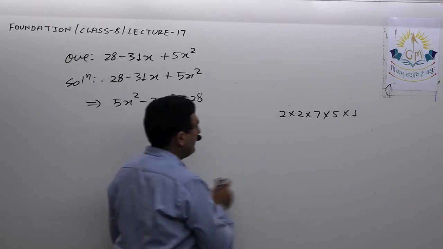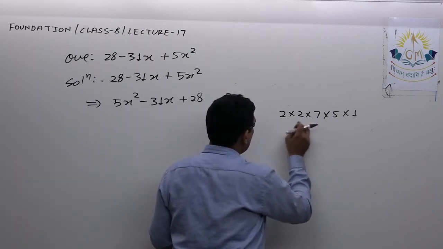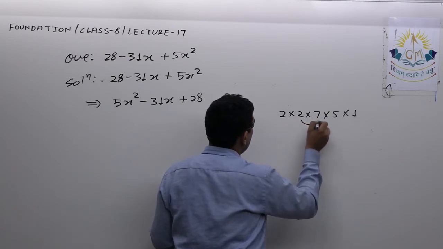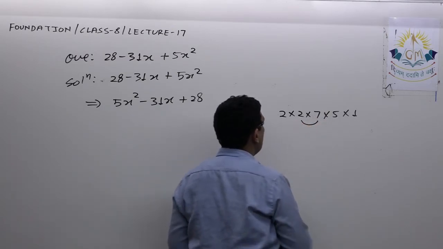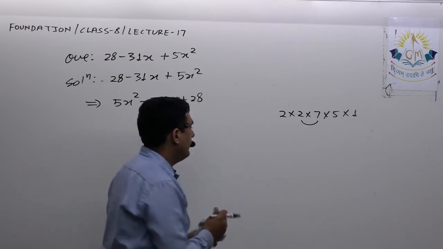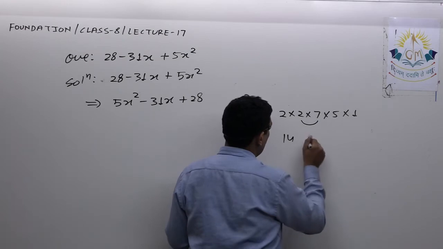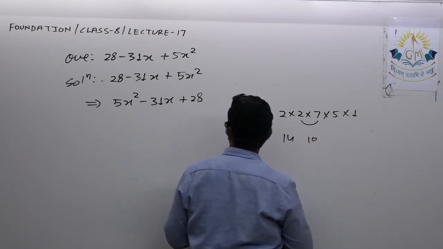Okay, so let me see, is there any other possibility? 7 into 2 is 14, 5 into 2 is 10. So this is not going to give you 31.